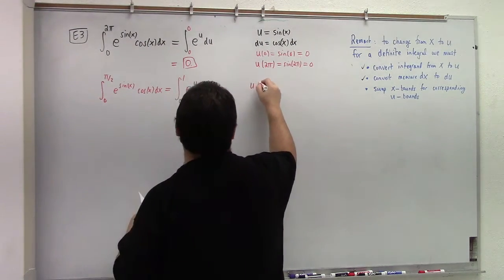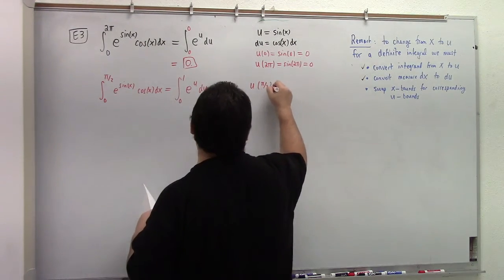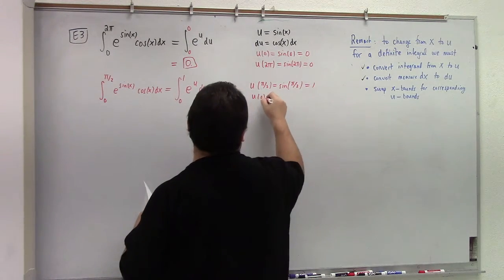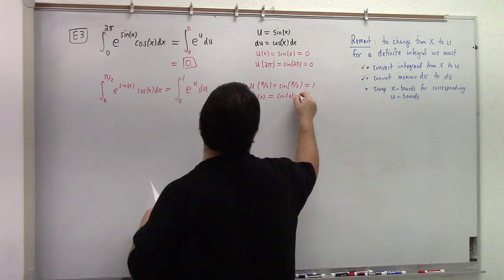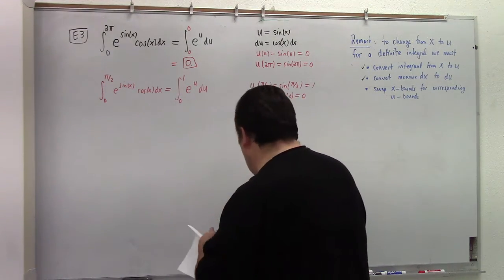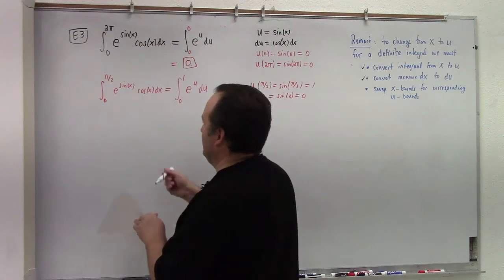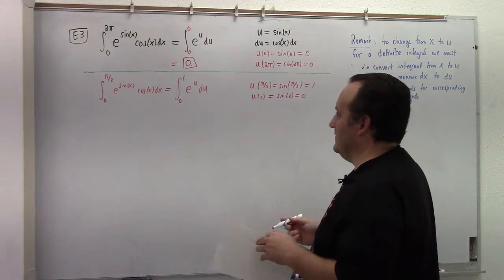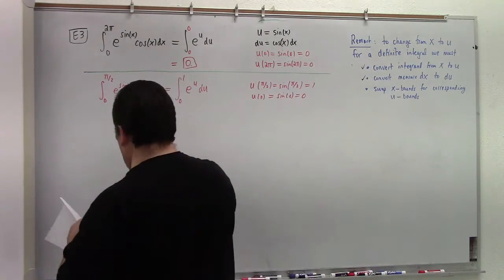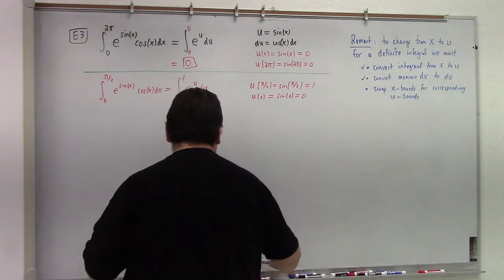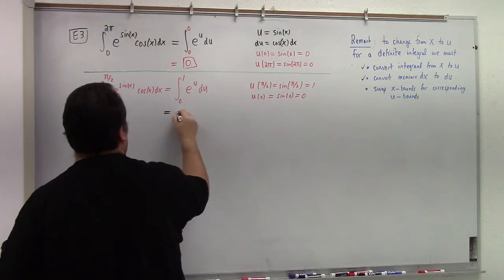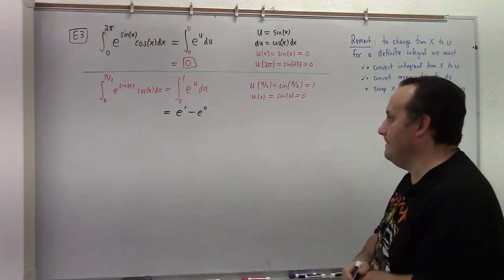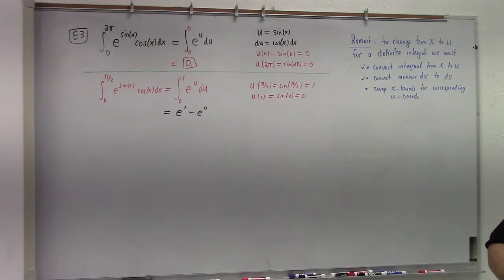Because u of pi over 2 would be sine of pi over 2, which is 1. So there's an alternate version of this problem, which is a little more exciting. e to the 1 minus e to the 0, right? Which is e minus 1.